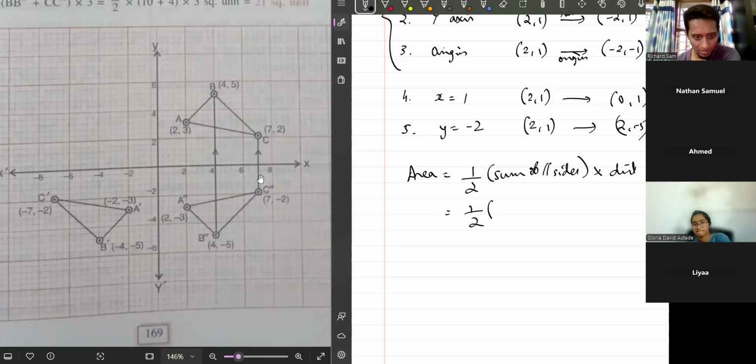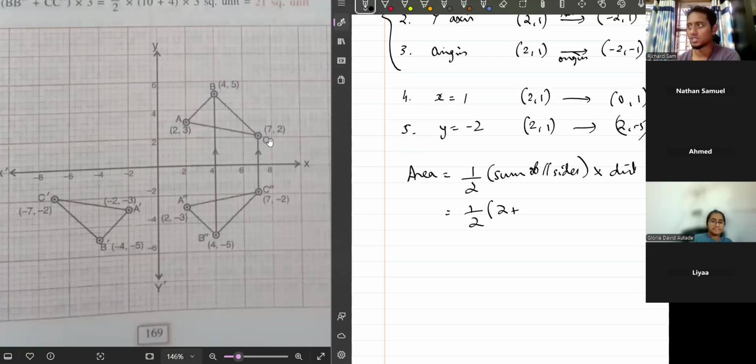So what is this height? What's the distance from C to C double dash? 2 units. Okay. Plus from B to B double dash, how many units? Oh, actually, wait. This is not 1 unit. See, this is 2 to minus 2. So 2, 1, 0, minus 1, minus 2. So how many units is that?